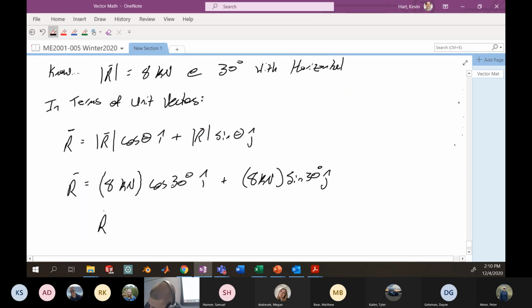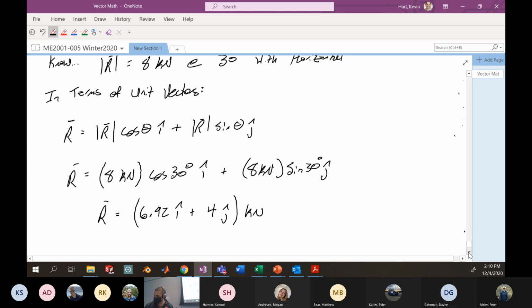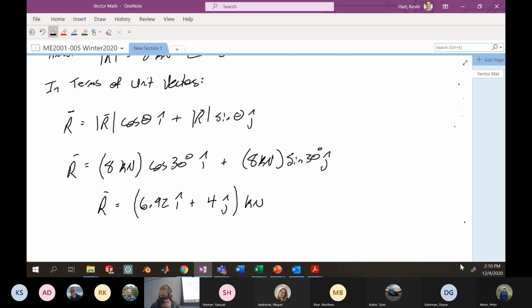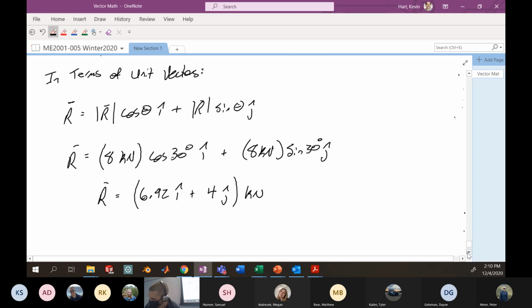And so my resultant vector in the end should look something like 6.92 I hat plus 4 j hat kilonewtons. That's where I want to end up when I am done adding my forces together.